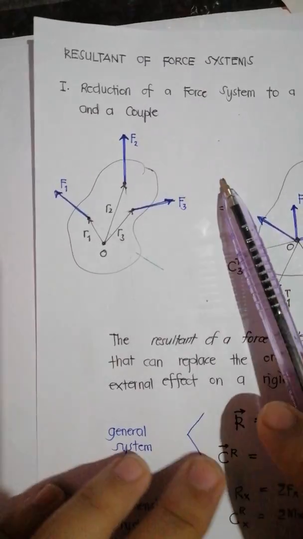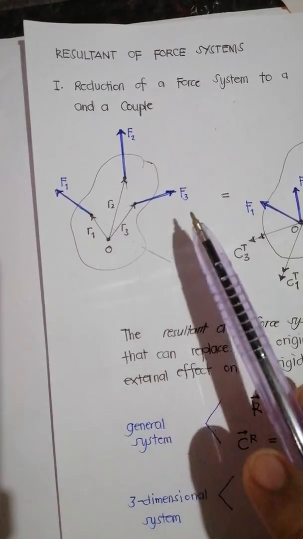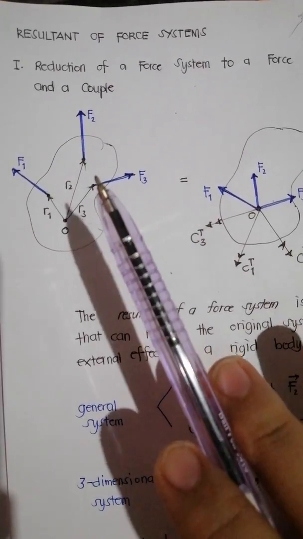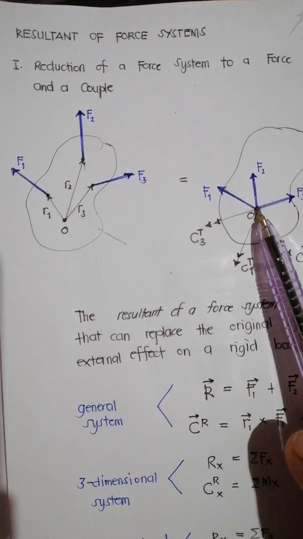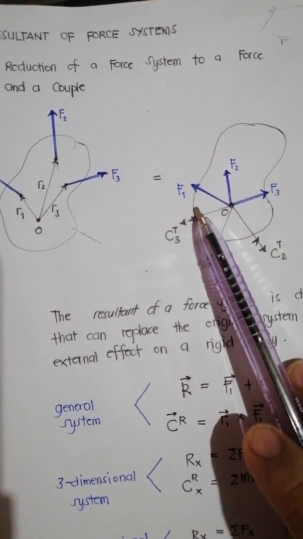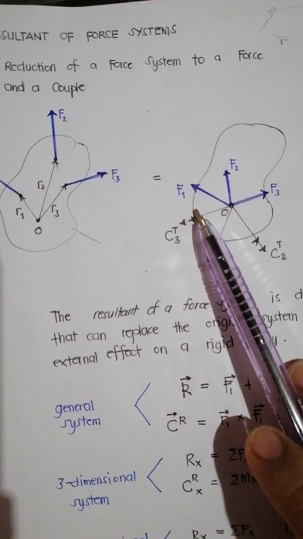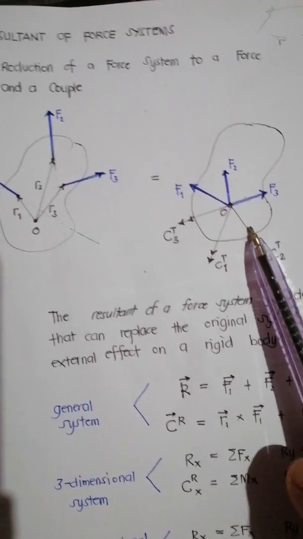So generally, if we have a non-concurrent force system, we transfer everything to a common point to make it concurrent. But with that transfer, every time that the force is transferred from one point to another point, aside from its original line of action, there is always a couple of transfer formed.